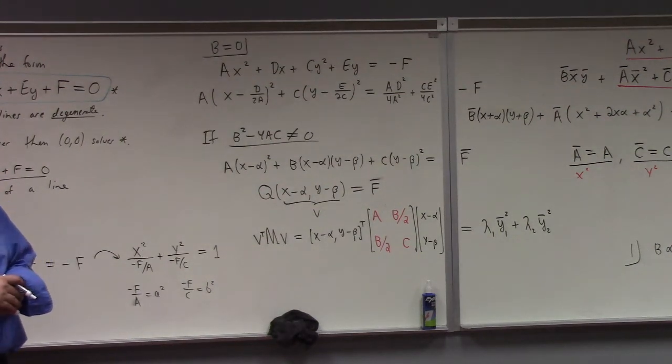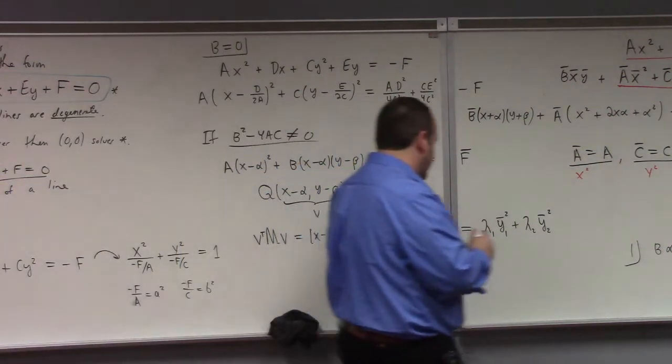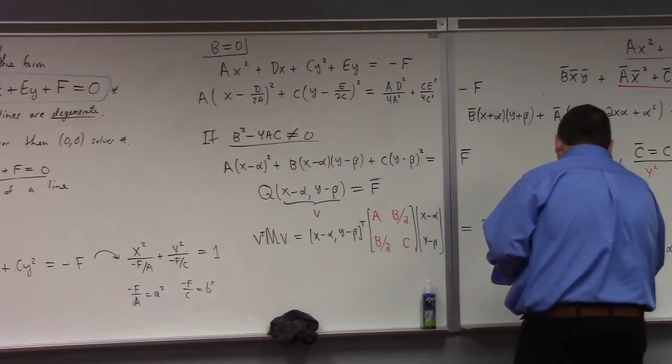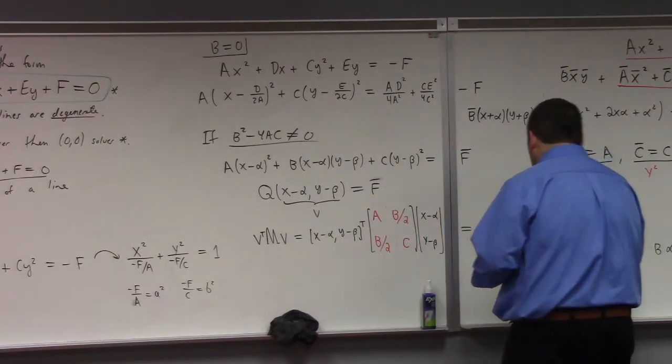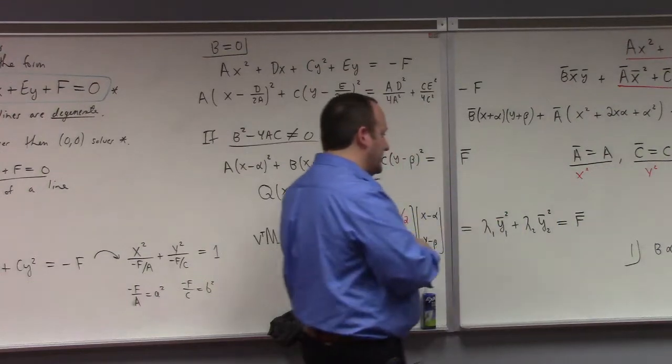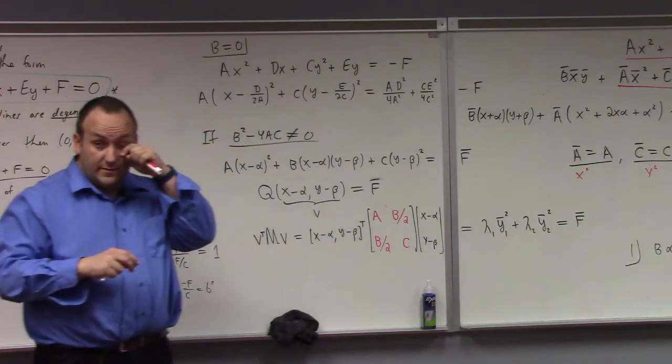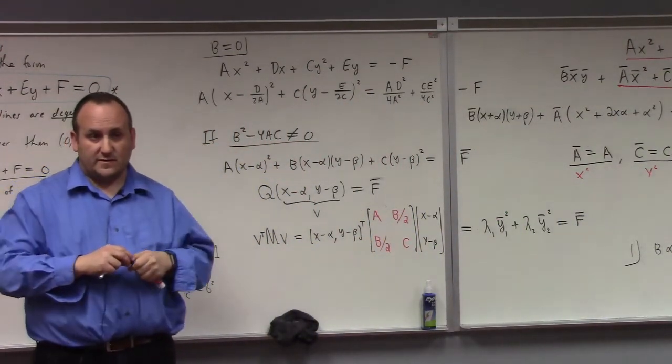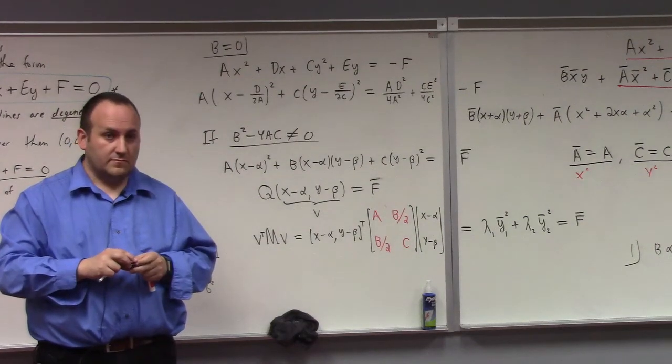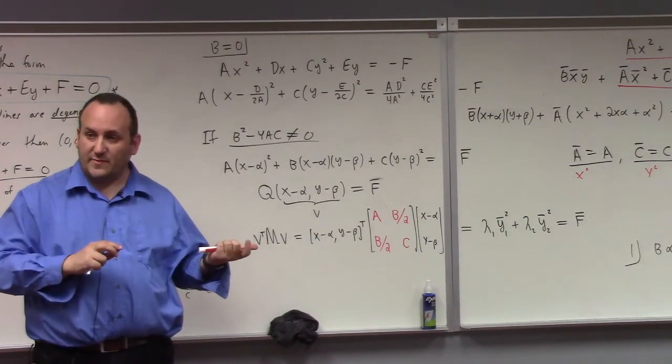So what does that mean? If we think about setting that equal to the constant f bar, what are the possible cases? If lambda 1 and lambda 2 are both positive, it's an ellipse.